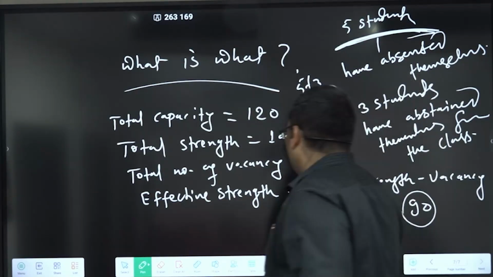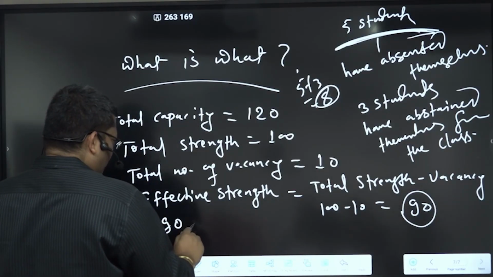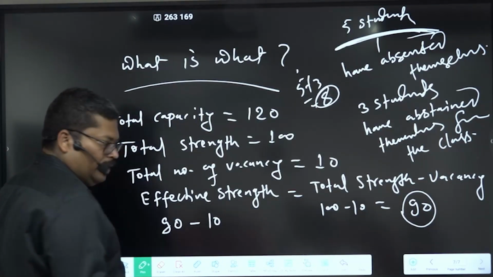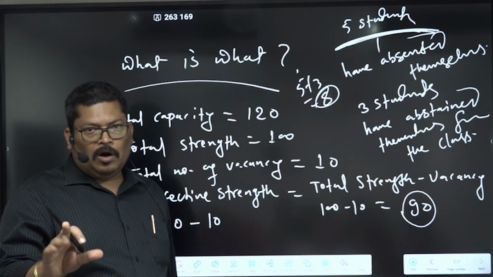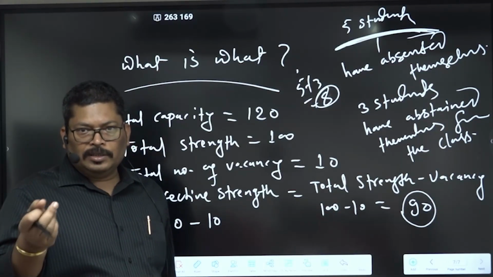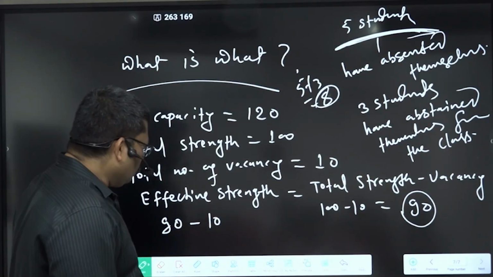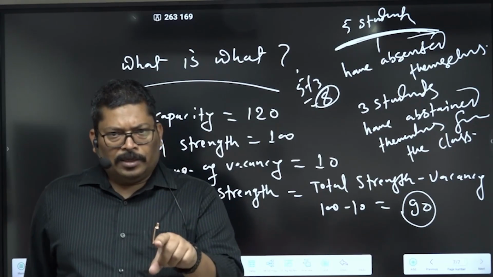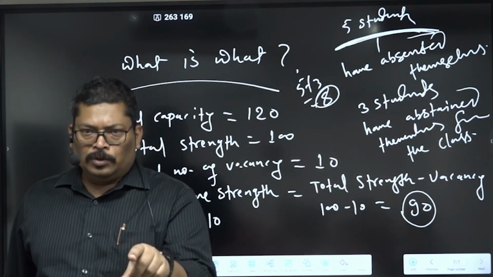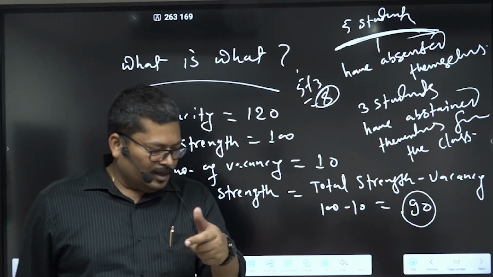Look, out of 90 students, 10 students are not going to take part in voting, or in other words, they are not going to take part in decision making. So, total number of students who are present in the class and going to take part in voting, what would be their figure? 80.